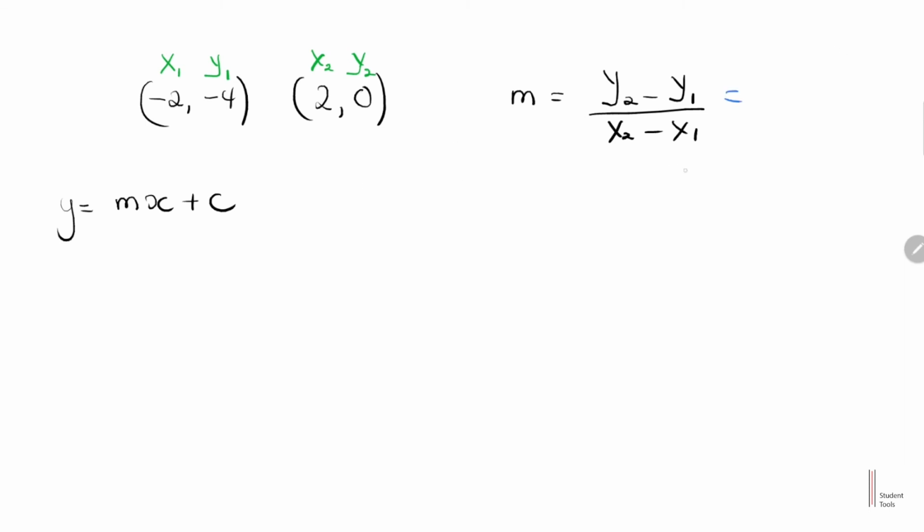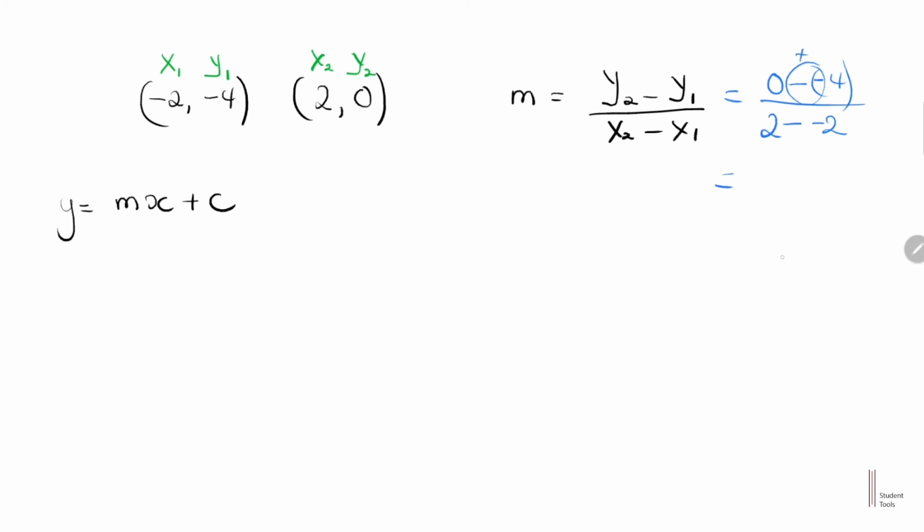So now let us find the gradient. So y2, that is 0, minus y1, that is negative 4. All this is over x2, which is 2 here, minus x1, which is negative 2. So now that we're here, this will be equal to 0 minus negative 4. This changes to a plus.